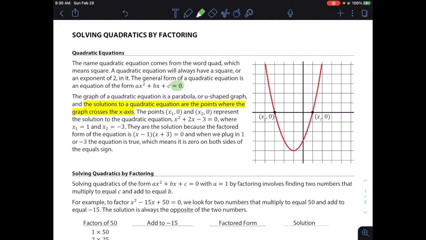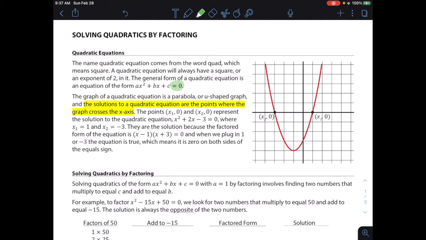And the reason is because if you look at this graph of a quadratic equation, you can see it starts on the left-hand side and it's coming down on the left-hand side, and it crosses the x-axis there, but then it gets to a point where it stops and it turns back around and it heads back up. And the reason is because we have a squared term in there, and when we square things, it takes the negative and makes it positive, and so things are going to start to flip around with the squared term.